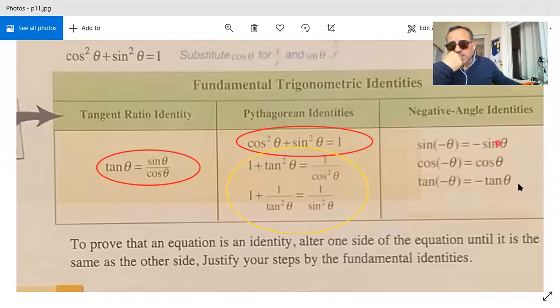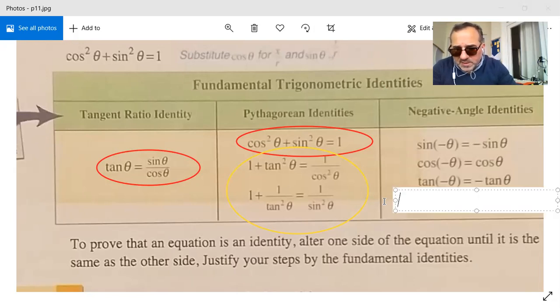Sine is the same as tan. If you have tan minus theta, it is equal to minus tan theta. What does this mean?